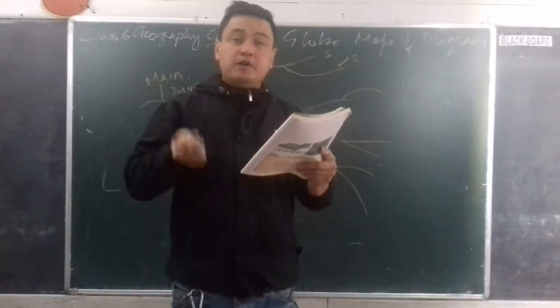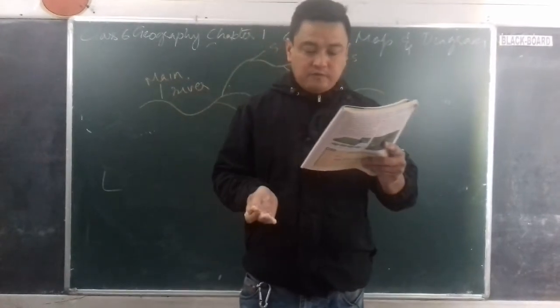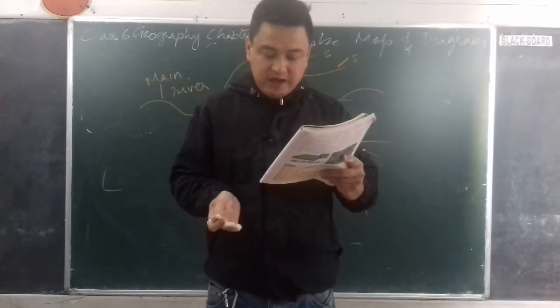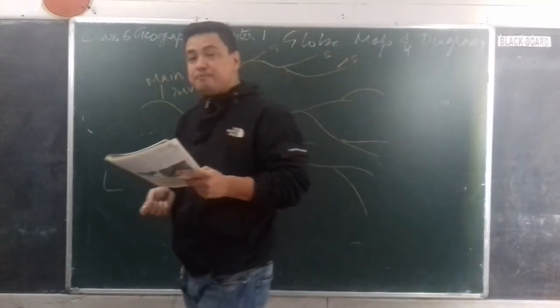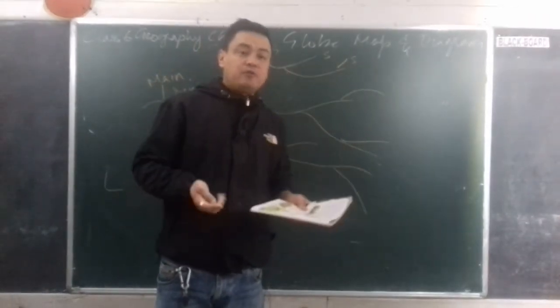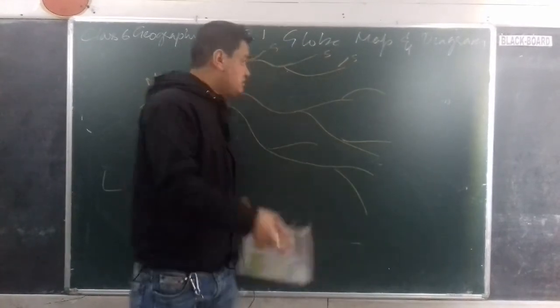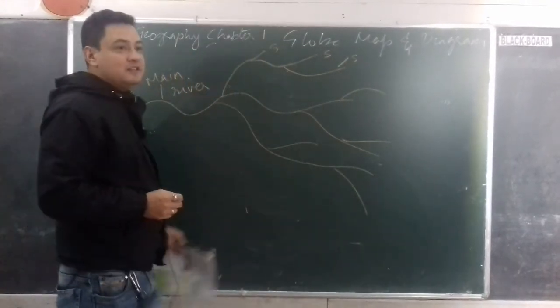The main river receives a large amount of water from the small rivers, and basically drains into the lakes or inland, what we call lakes, etc. So these tributaries give water to the lakes.